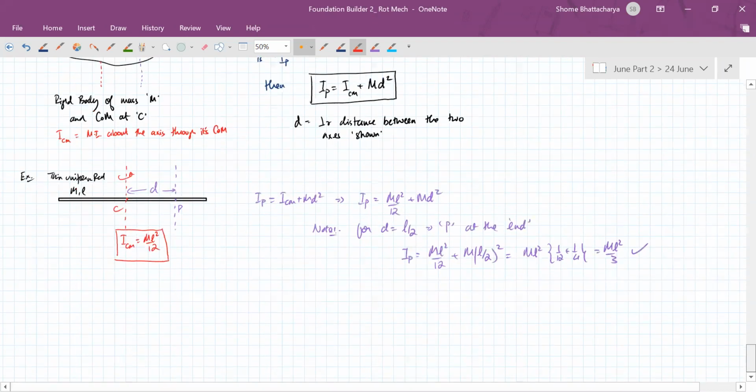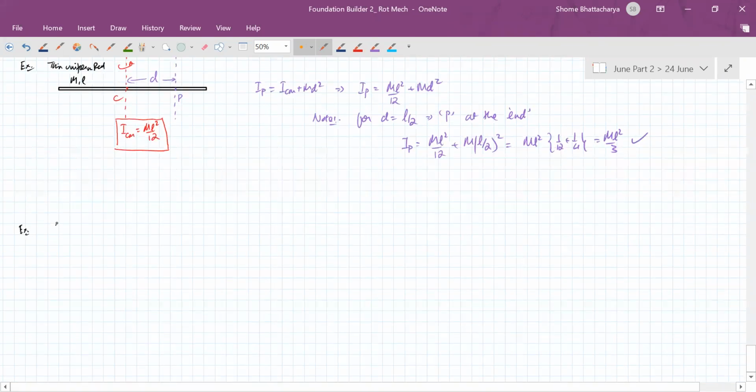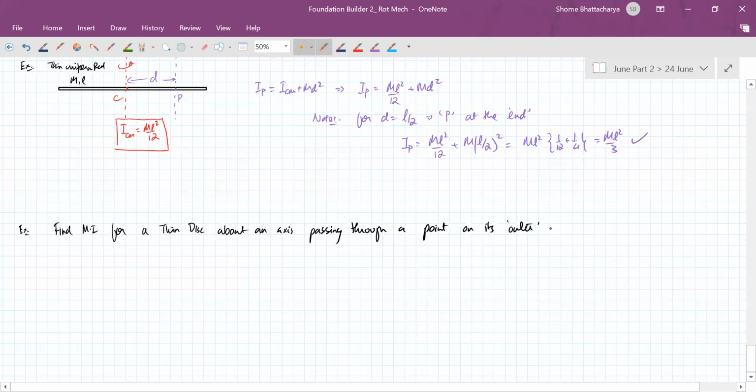Okay, so let's do a couple more examples. Find the moment of inertia for a thin disk about an axis passing through a point on its outer circumference and perpendicular to its plane.